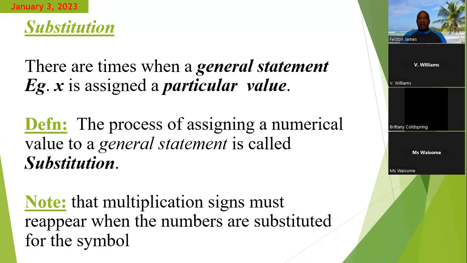So if you have the letters MN, you know that would mean you are multiplying M times N. So if you give M a value and N another value, once you put in those values in terms of numbers, you have to put in your multiplication sign. So the multiplication sign must reappear the moment you have symbols substituted with numbers.